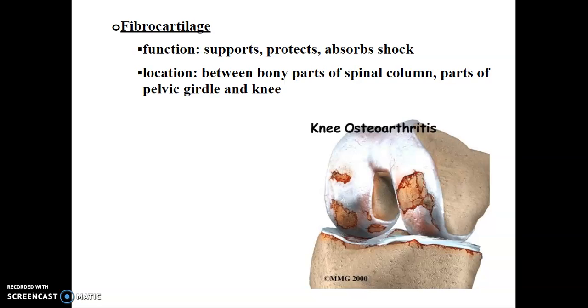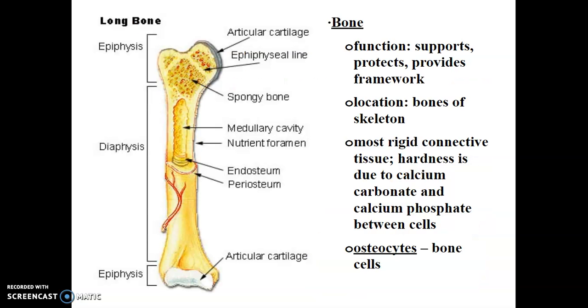This is what fibrocartilage supplies and does for the ends of our bones. Specifically, the pelvic girdle, our pelvis, our hips, our knees, and also between our vertebrae. So that when we jump up in the air and land, it doesn't just crack all of our bones in those key places. It absorbs the shock in this fibrocartilage.